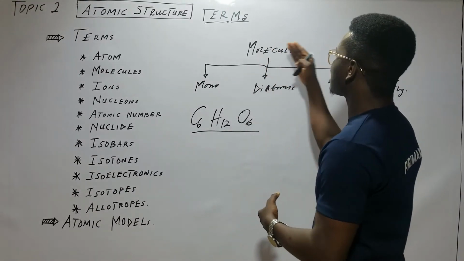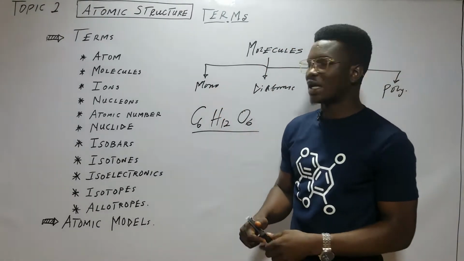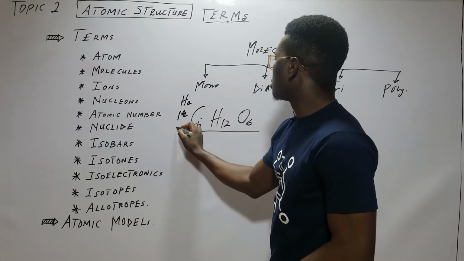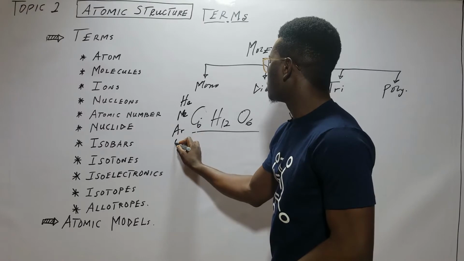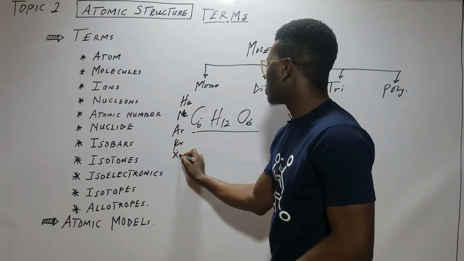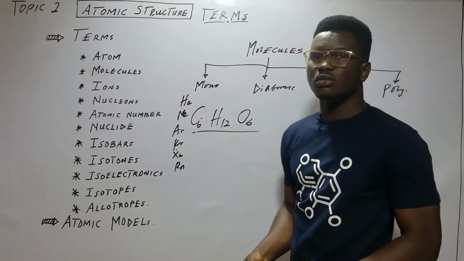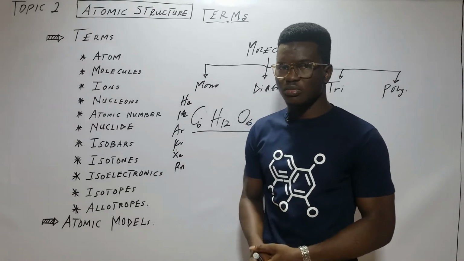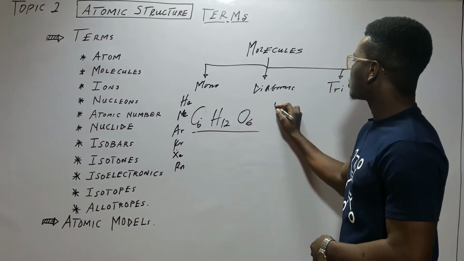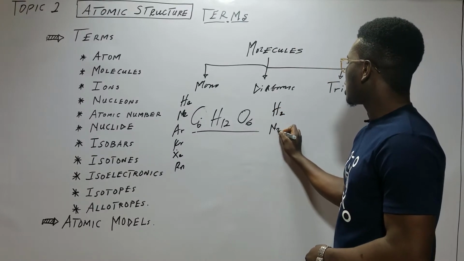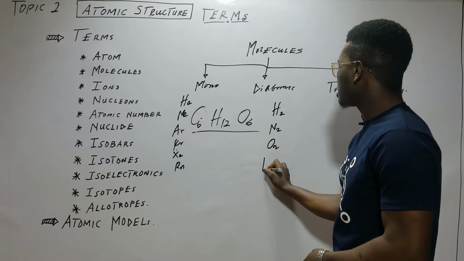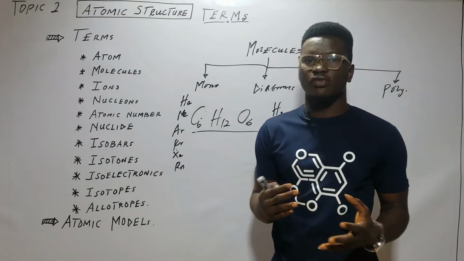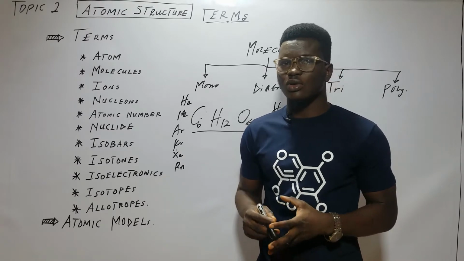Now, a molecule can be monoatomic, for example helium, neon, argon, krypton, xenon, and radon. These are the monoatomic molecules we have, the elements of group 8. When you have the diatomic, we have hydrogen, nitrogen, oxygen, HCl. Molecules that are made up of 2 atoms are called diatomic molecules.